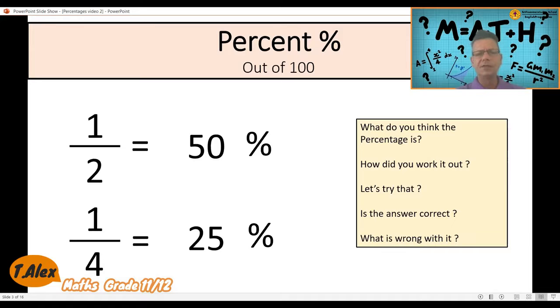But I would like to think, how did you work it out? What is the maths? It is 1 divided by 2 multiplied by 100. 1 divided by 2 is 0.5. You must multiply by 100 to get to the right answer. In this case, 50, or here, 25.